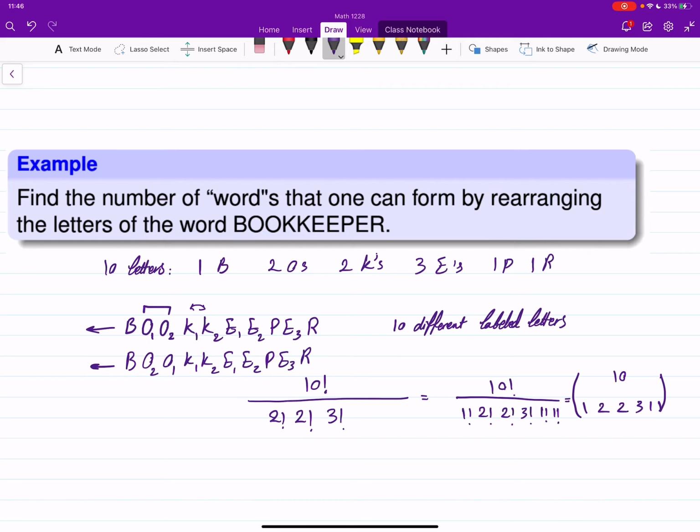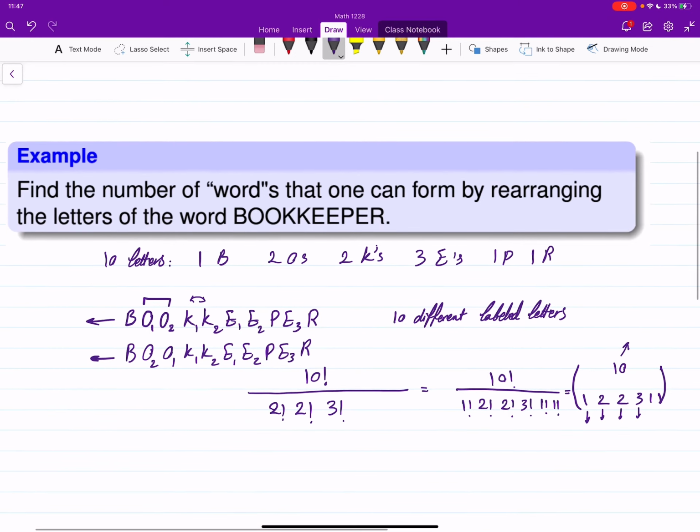You mark all the same letters with different labels, and then you want all these guys separated by labels to be in the same group. That is how labeling works for us, and we will always do this.